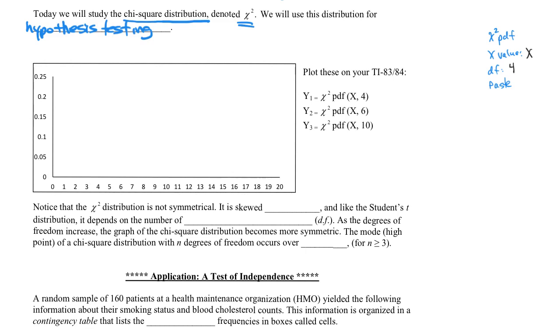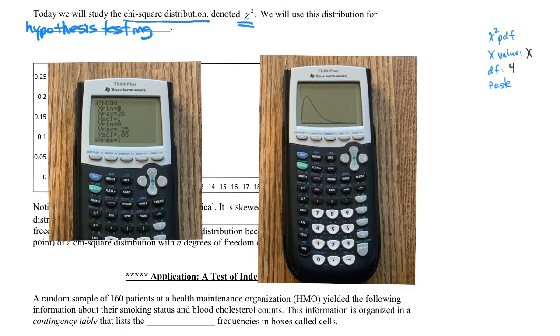X scale could just put 1, it'll put a tick mark every 1 unit. Or every 5, whatever you want to do. And then the y scale, we want to go from 0 to 0.25, and probably put a tick mark every 0.05. Okay, so once you do that, once you change your window, you should see this. And then if you hit graph, you should see this.